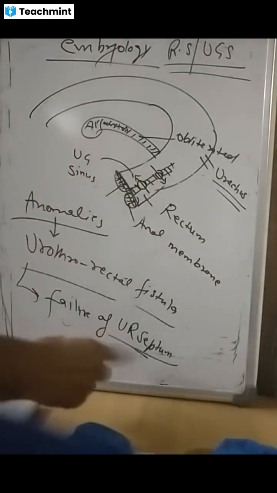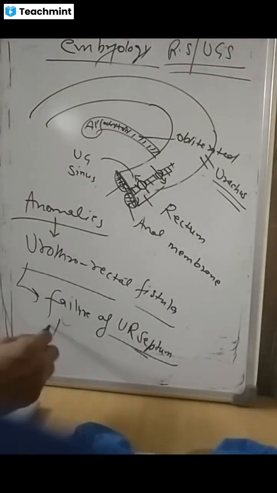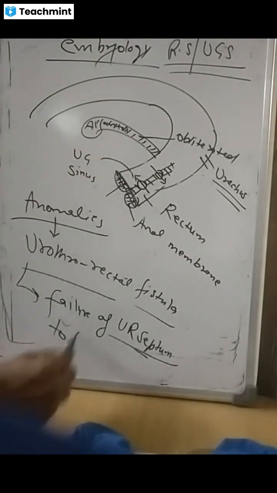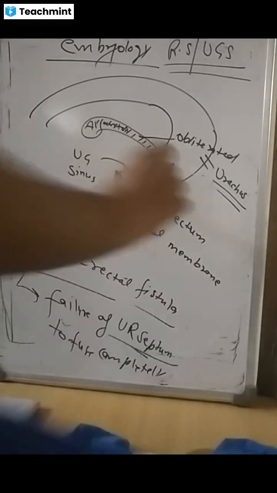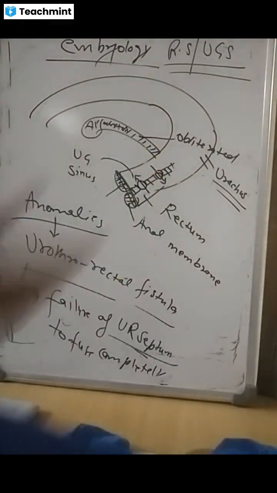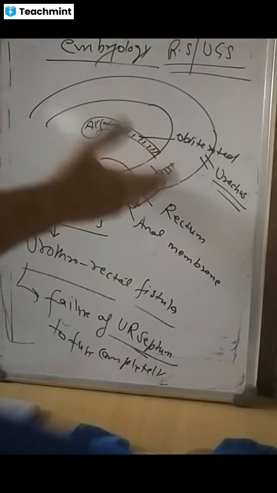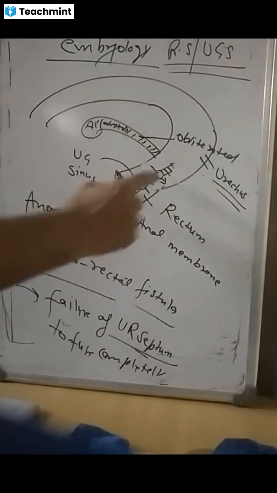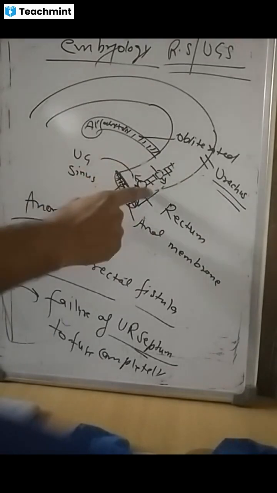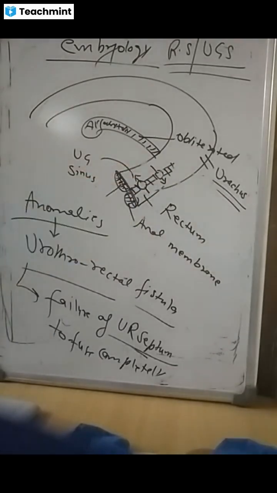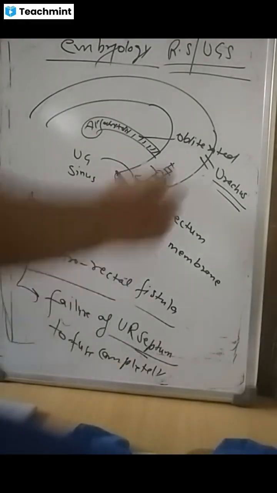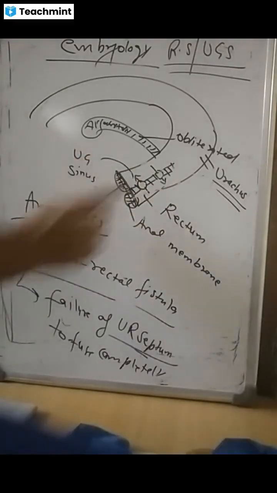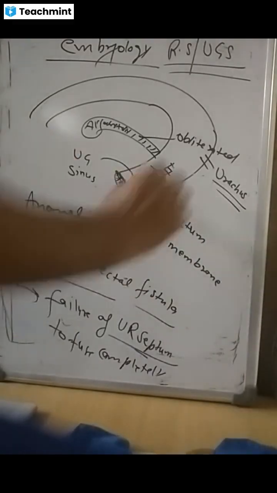Because of failure of the urorectal septum, which divides the cloaca into two, to fuse completely. If it fails to divide into two, some opening will be there. Because of those openings, the two communicate, and this is called urethrorectal fistula. This is the urogenital, the urethral part. So one anomaly is related to this.